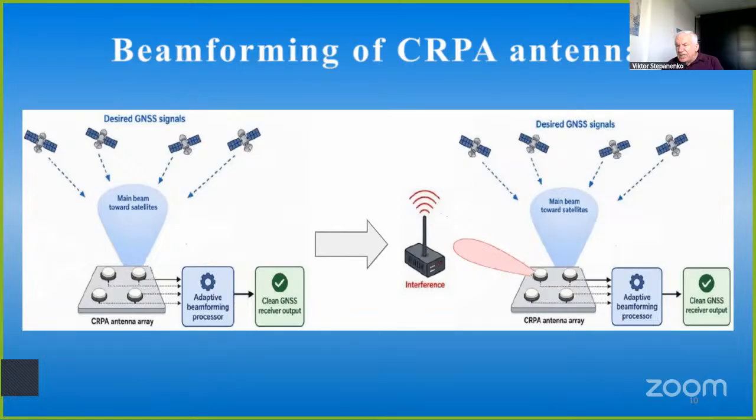As a result, the antenna determines the direction to the suspected source and automatically sets zero sensitivity in these directions. This property of the CRPA antenna is named beamforming. Using such a type of antenna can significantly increase the effectiveness of marine navigation.